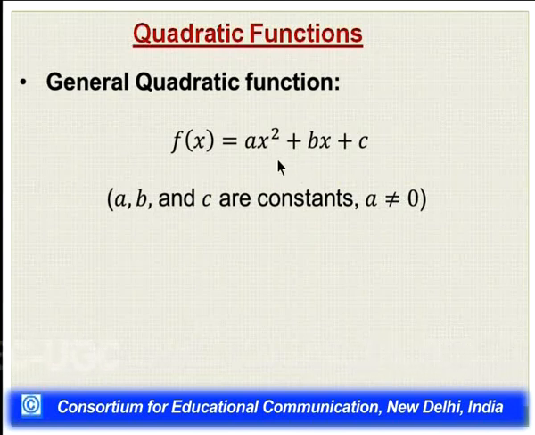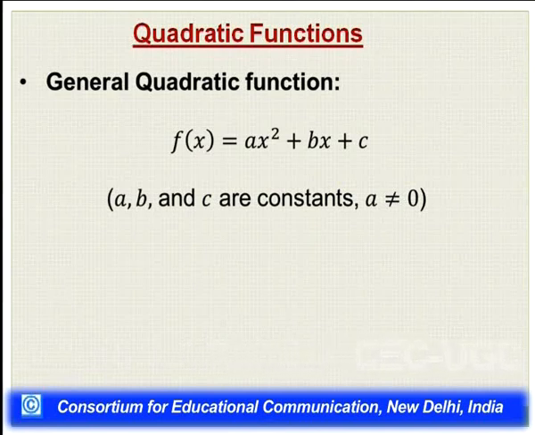And the second is the restriction that a, the coefficient of x square, is not equal to 0. This is because if a is equal to 0, the function will become f of x equal to b times x plus c, which is a linear function. So we won't have a quadratic function, and that is why we impose the restriction that a is not equal to 0.